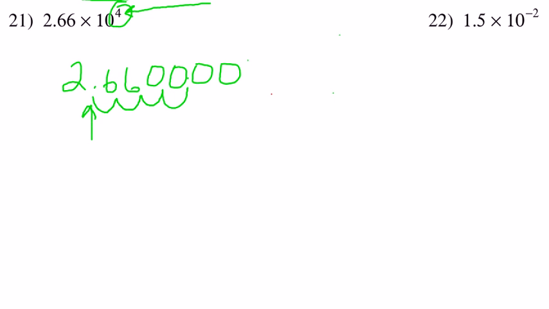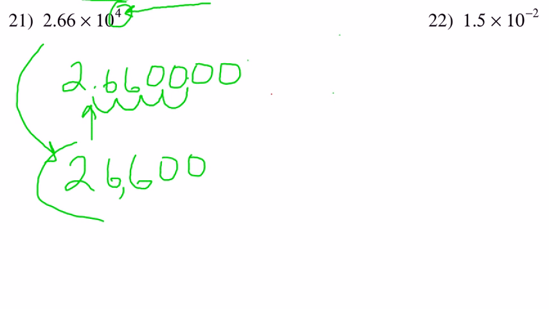So now my decimal point is going to be right there. So that's 2, 6, 6, and then just 2 zeros. All right, and we could put our comma right here. So this 2.66 times 10 to the 4th, all right, will turn into 26,600. Okay, both of these things mean the same thing.